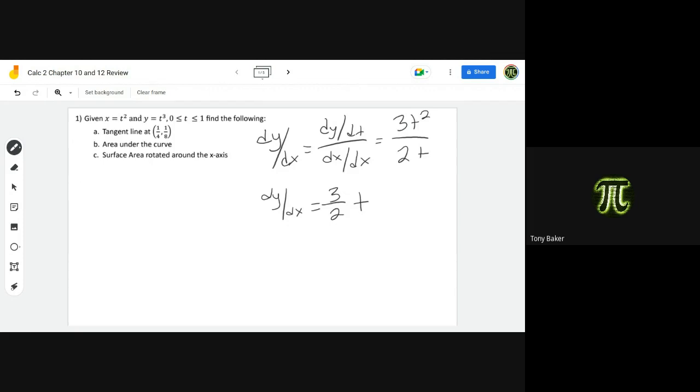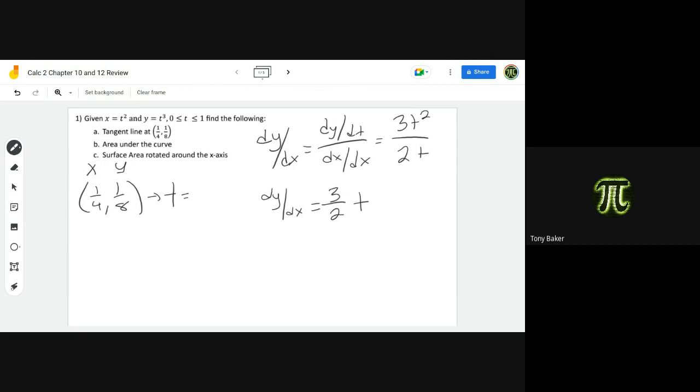Now, they gave us a point. The point was at 1/4 and 1/8. That's x and y, not t. I need to find t that would give me that. The nice thing is I made this pretty simple. I picked one that would work.